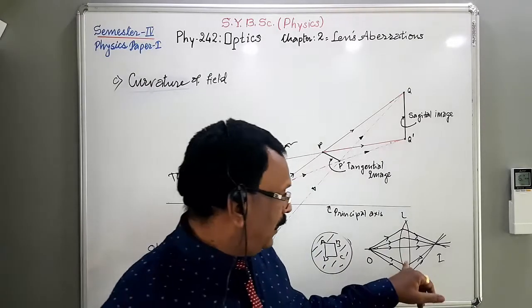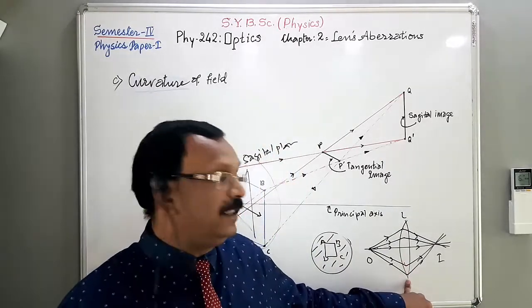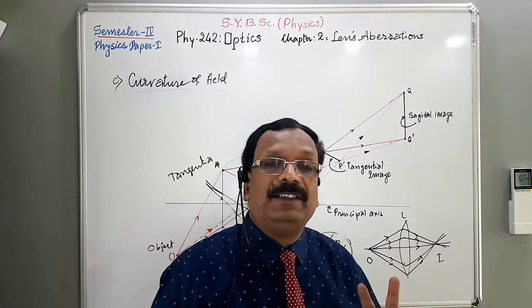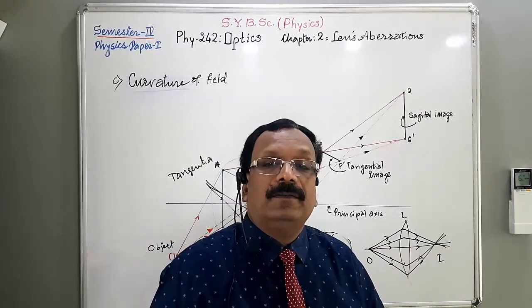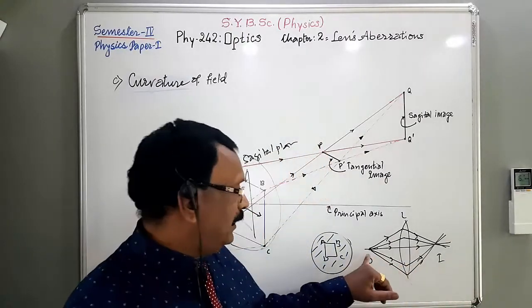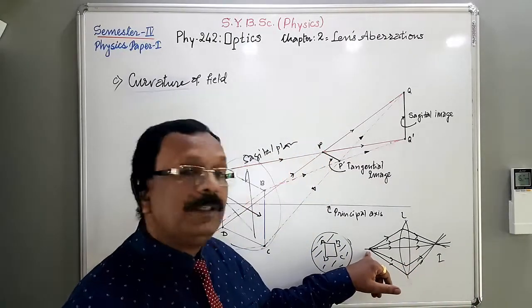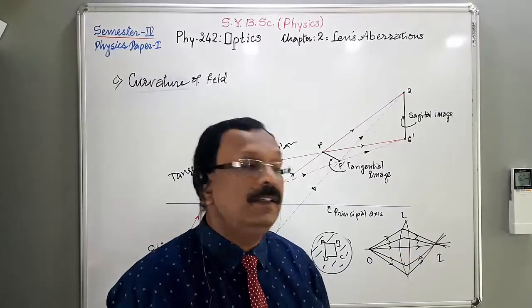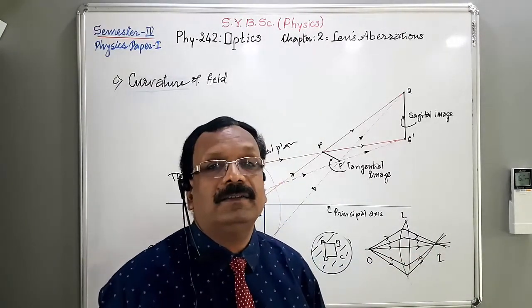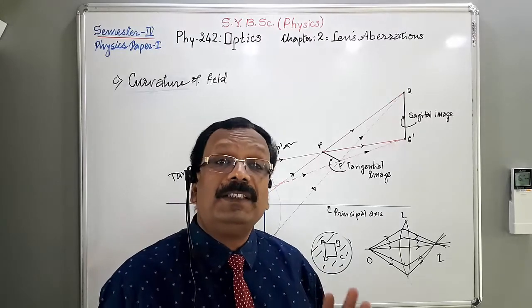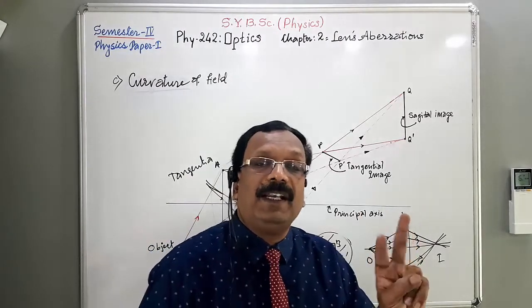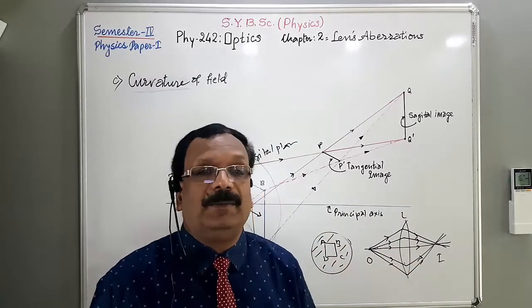That means when we use such a lens, in that case when we consider a point object situated on the principal axis, we will get the point image on the principal axis. But when is this possible? When the lens is free from spherical aberration, chromatic aberration and astigmatism.